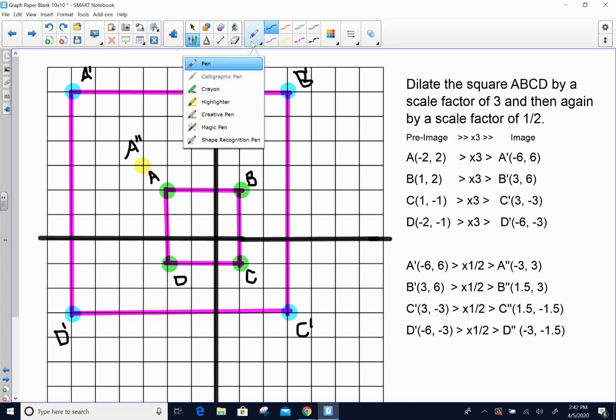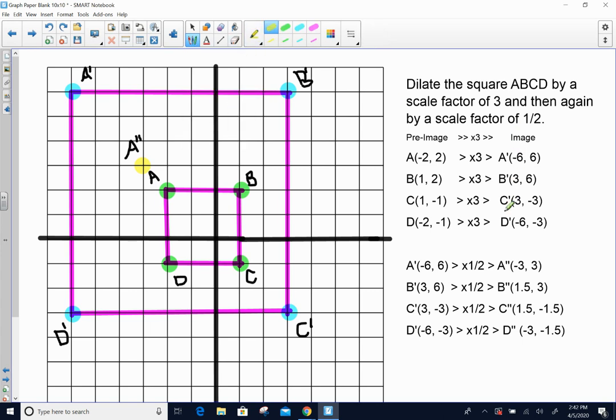I can plot my B double prime. All right, B double prime is 1.5, 3. Now that 1.5 is a little bit tricky here, okay? If I look, I've got 0, 0. Here's 1. And then if I go over one more, this is 2.